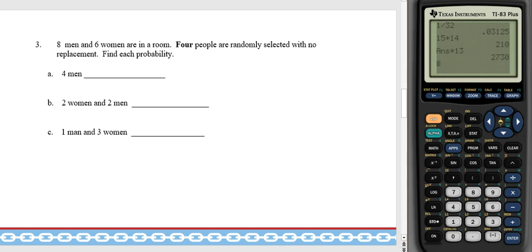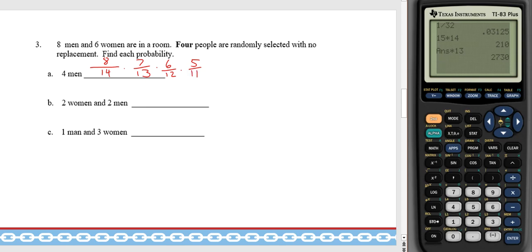Problem 3, people in a room randomly selecting with no replacement. So we're going to pick 4 people. So what is the probability? We draw 4 men in a row. First one would be 8 out of 14, 7 out of 13, and then 6 out of 12, and then 5 out of 11.